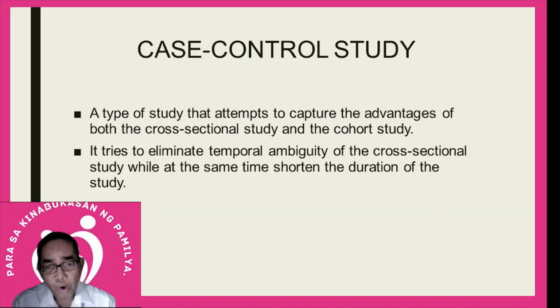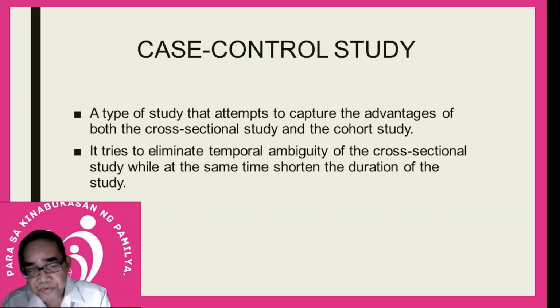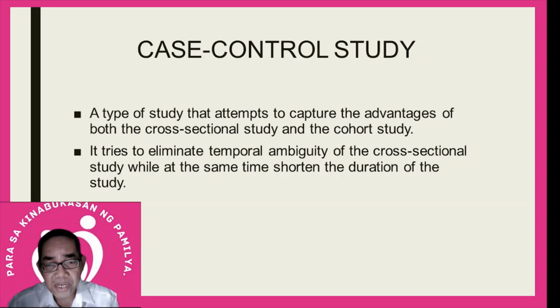But a cohort study, really, we can make a valid conclusion as to cause and effect relationship, because a cohort study begins with, as we said, the exposure without the disease, and then we follow them up for a period of time to determine who among people who are exposed develops the disease, who among the unexposed develop the disease.